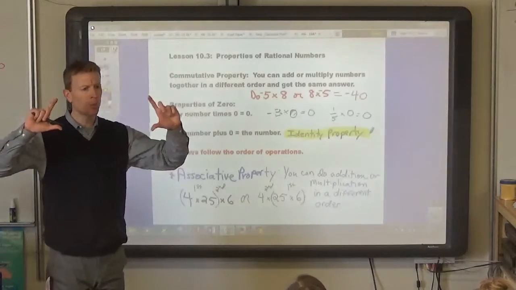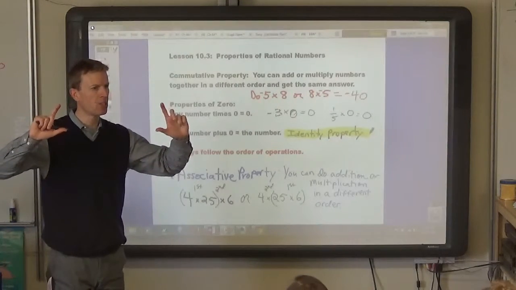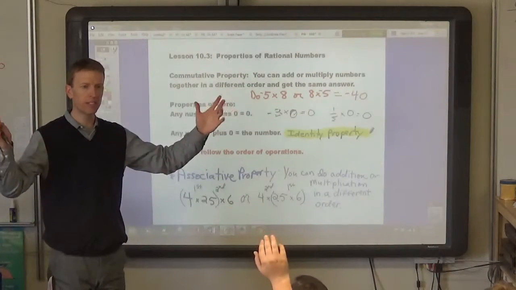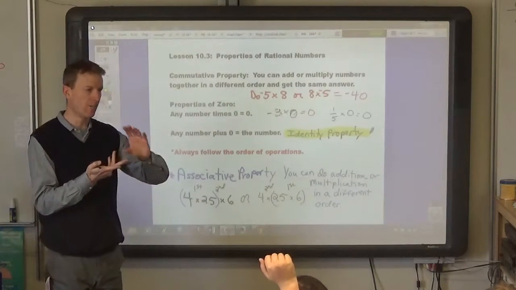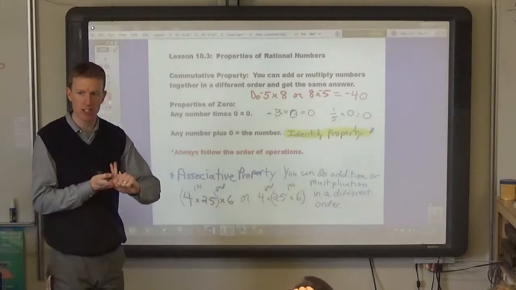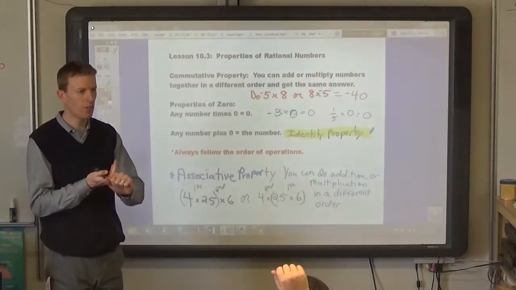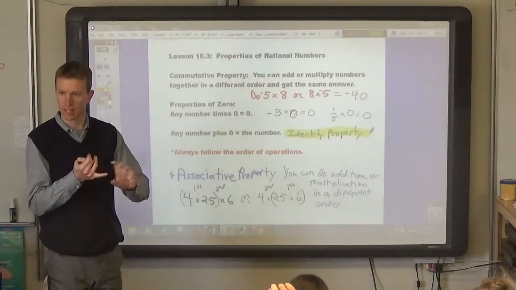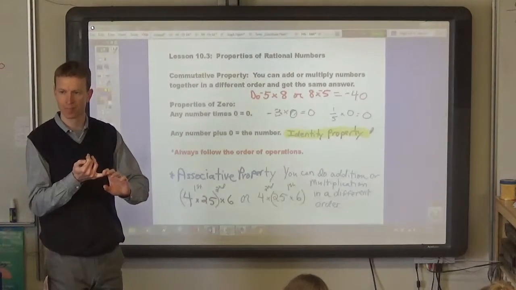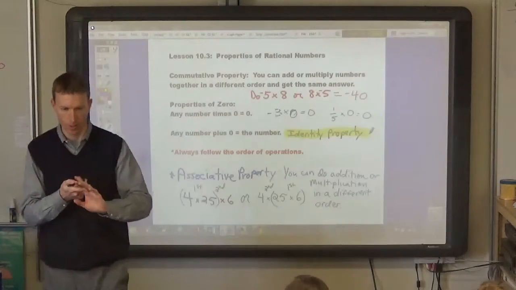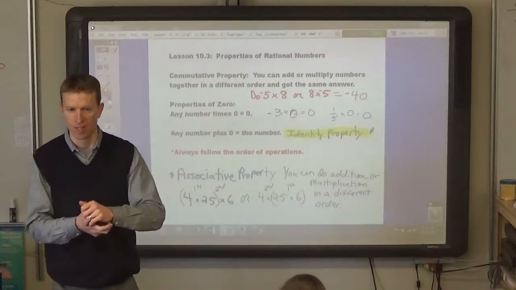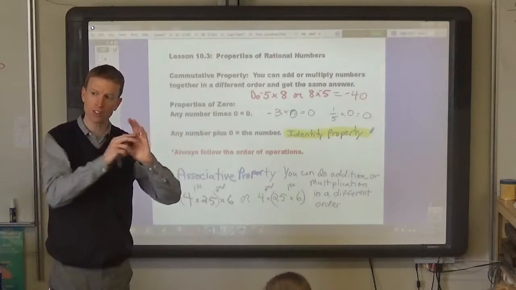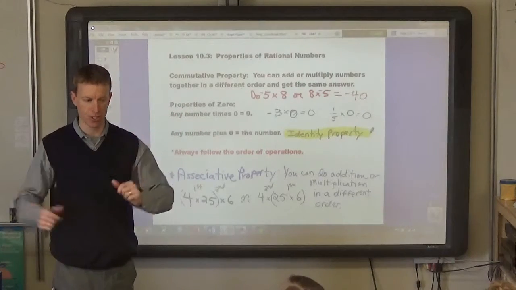What about inside parentheses if there's more than one operation? Alex? Exponents first, and then you multiply and divide from left to right and then add and subtract. Yes, so when you're working inside the parentheses, you also have to follow the order of operations.